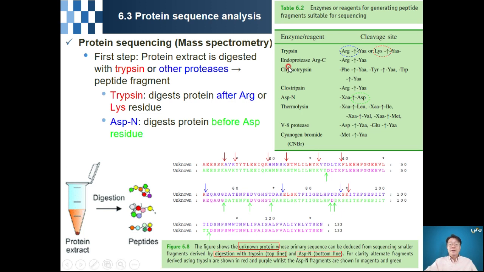And there are also several other protein digestion enzymes, but we usually use trypsin. The second one is Asp-N, and there is also another enzyme available, but we will not cover it in today's lecture.